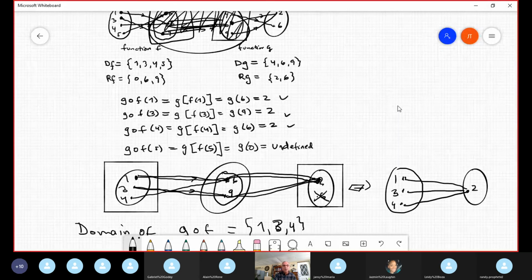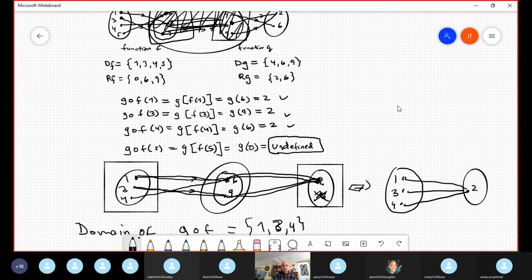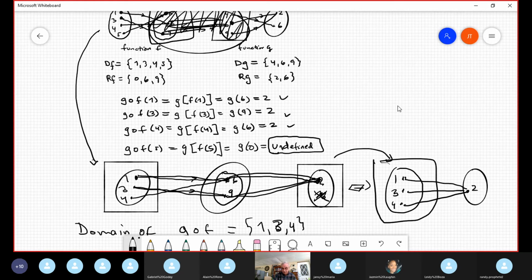Following the rule, some numbers are undefined because they don't match in the intersection, and the rest don't match because nobody selected them. So little by little you modify this diagram like that, and you have the domain and you have the range.